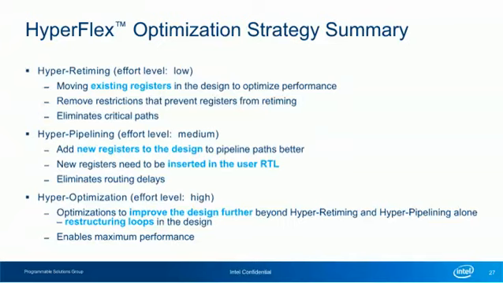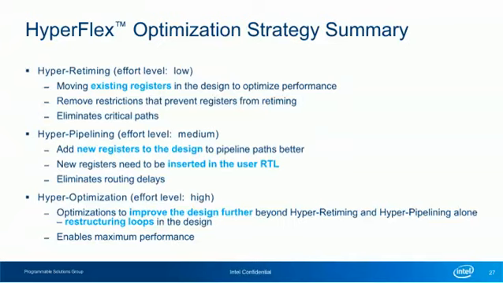Stage 2 is hyper-pipelining. Hyper-pipelining involves adding new registers to the design RTL so that they can then be retimed into hyperregister locations. This cuts critical paths even more as there are more overall registers in the design, so the individual register-to-register paths in your design can be lessened even more.